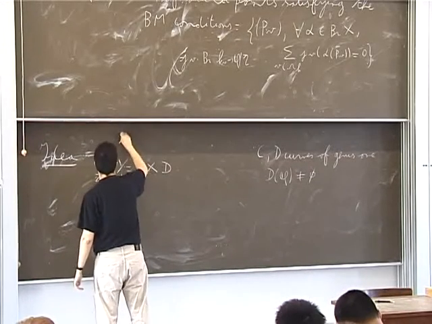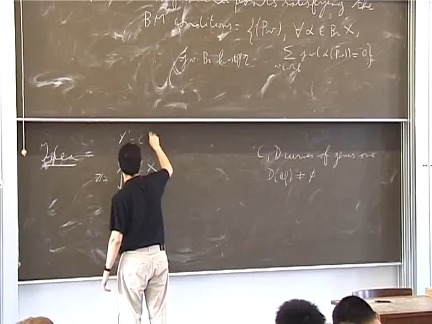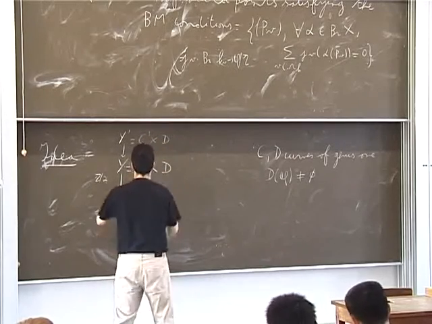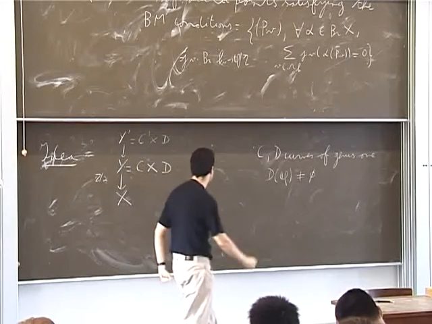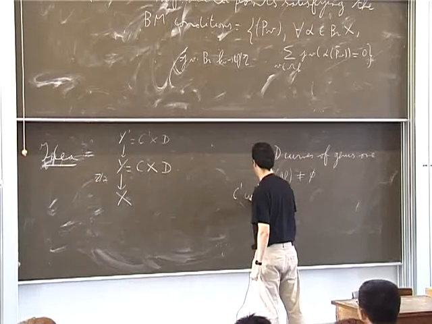And you have another covering, Y prime, which is C prime cross D. C prime is another curve of genus 1.